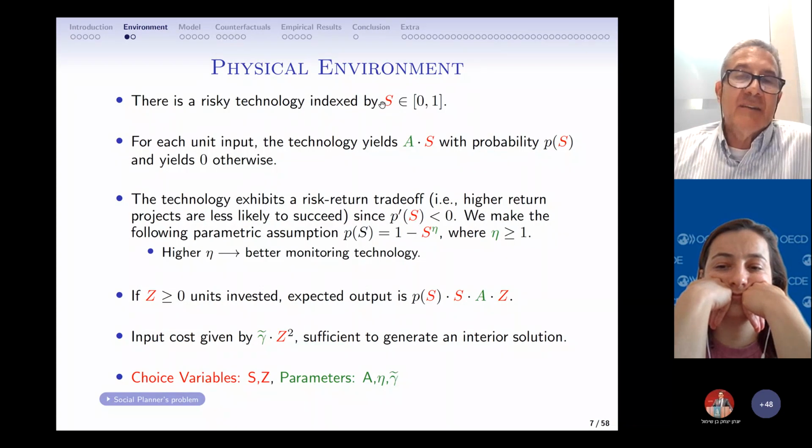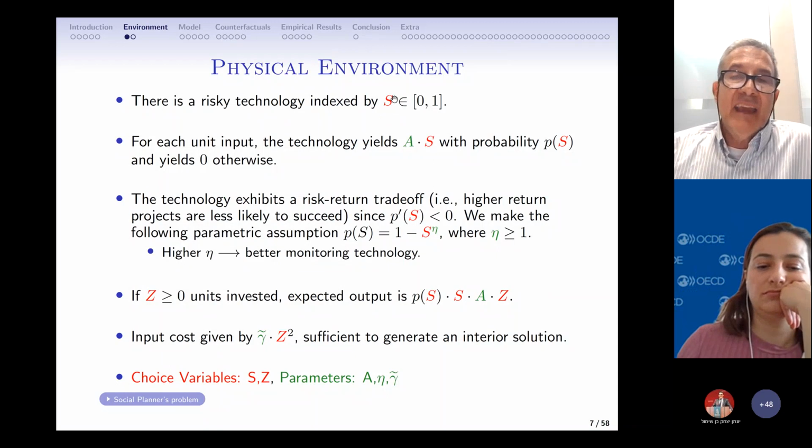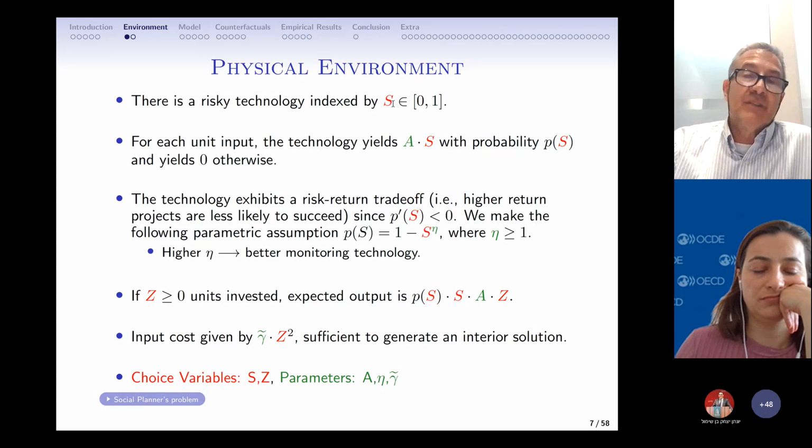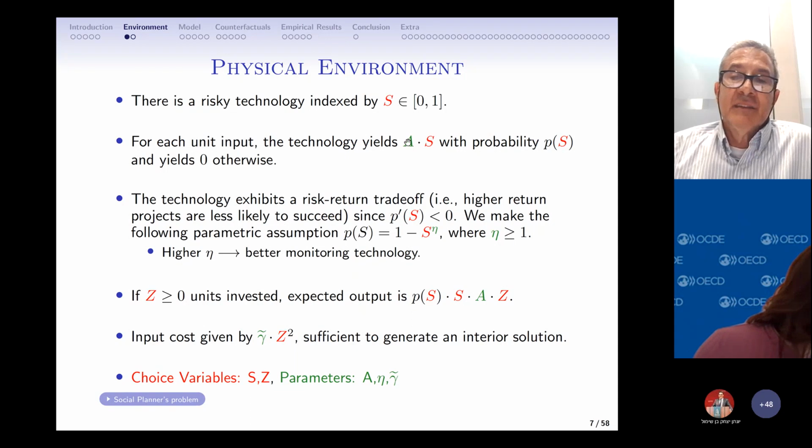So as in Allen and Gale, there's a risky technology. The scale of the technology is going to be associated with return. So higher S means higher return, but it's also going to have an implication for likelihood of success. If I choose a scale of S, the technology is going to yield a return of A times S with some probability P of S. With probability 1 minus P, it yields 0.